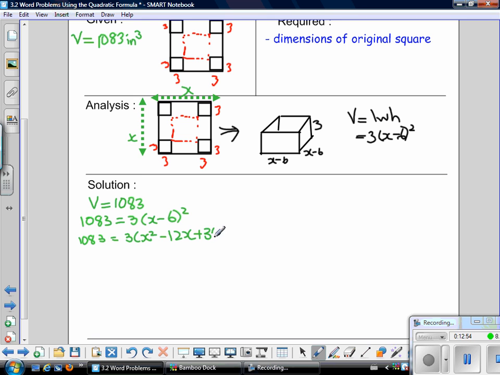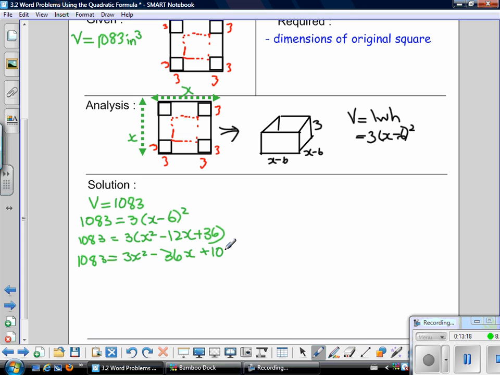Okay, now we're going to expand the 3 into the bracket, so we have our number on the left hand side again, and we end up with 3x squared minus 36x, and then we end up with 108.